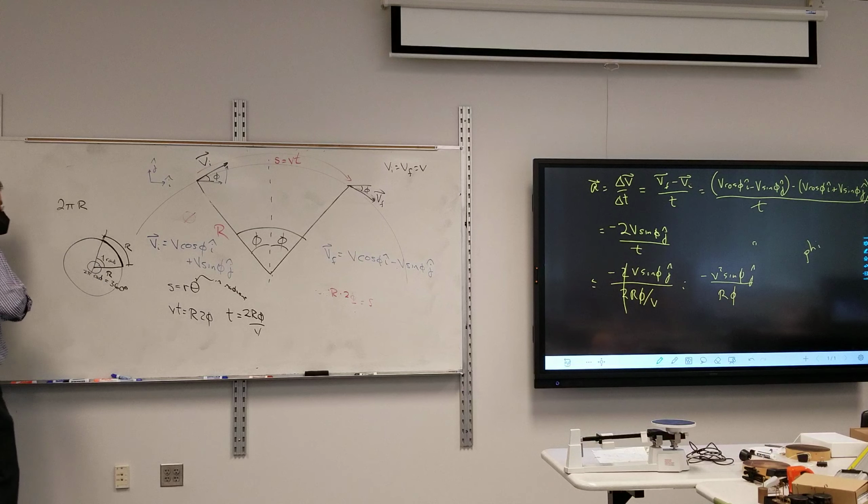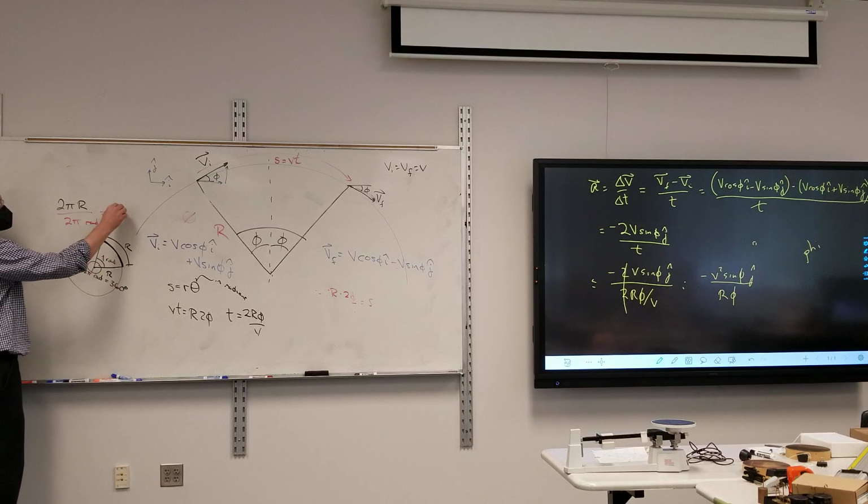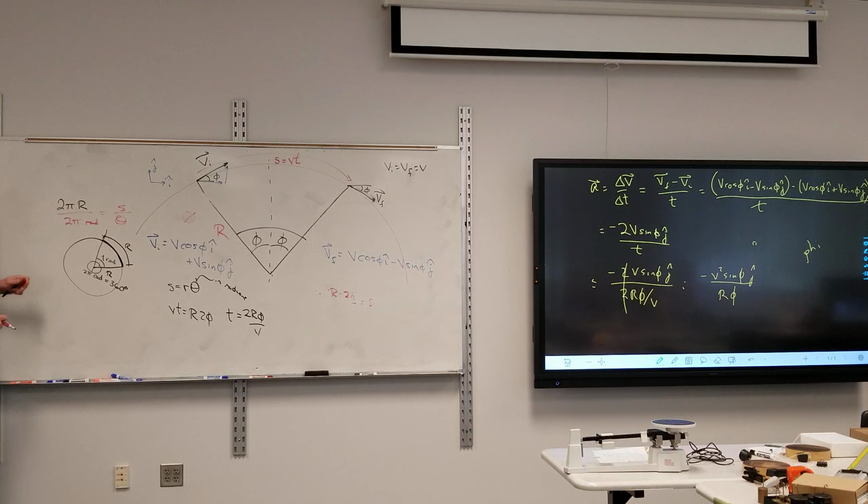It's proportional, since 2 pi r is the circumference, so 2 pi arc length relates to 2 pi radians, and whatever my arc length happens to be, it's proportional to the angle. So if my arc length is 1.5 radii, that's 1.5 radians.